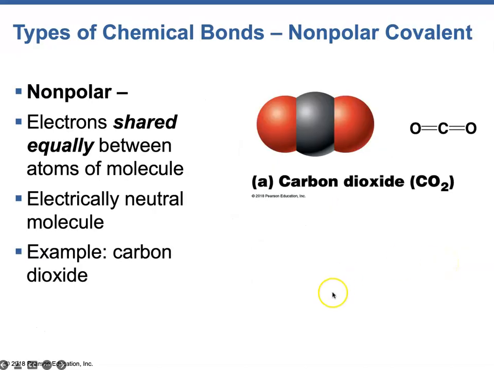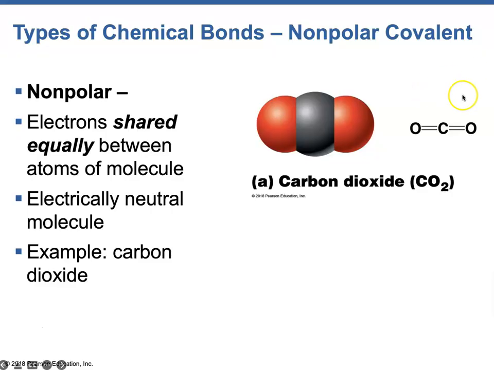We can also have other molecules. So here we have our carbon. Here's our oxygen. This is carbon dioxide. The word di means 2, and so what this is telling you is that you have 1 carbon and 2 oxygens. So what is happening here is we have oxygen sharing with the carbon and then another oxygen. Oxygen, remember, has 6 electrons on its outer shell.